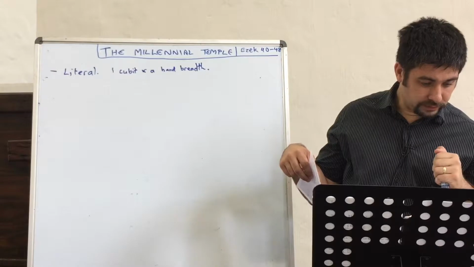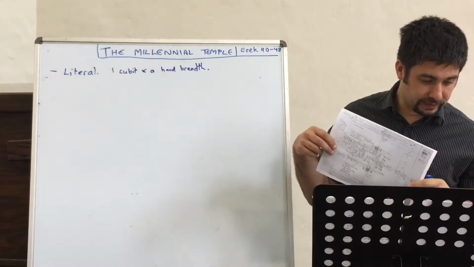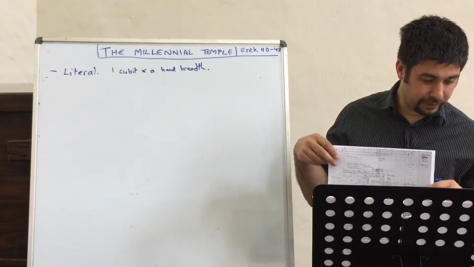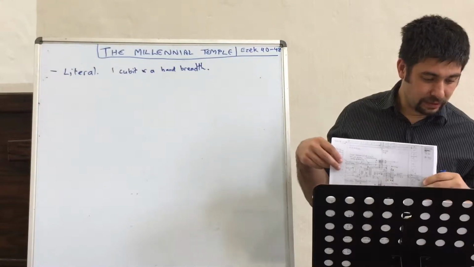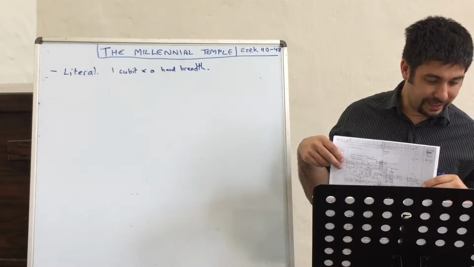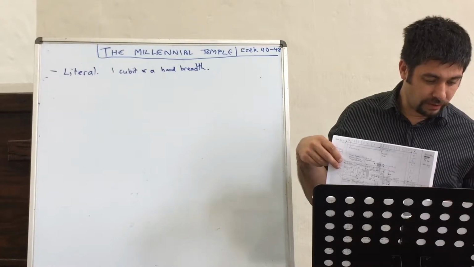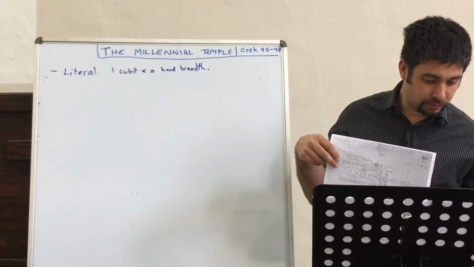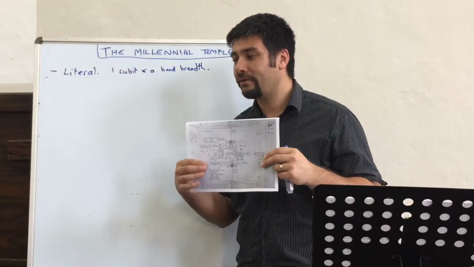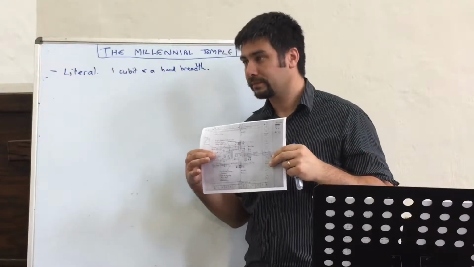"The building that was in front of the separate area at the side toward the west was 70 cubits wide, and the wall of the building was 5 cubits thick, and its length was 90 cubits." And then verse 13 says, "Then he measured the temple 100 cubits long, the separate area with the building and its walls also 100 cubits long." This separate area behind the temple is 100.